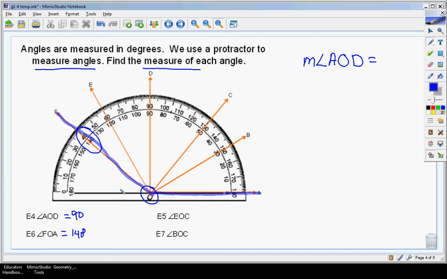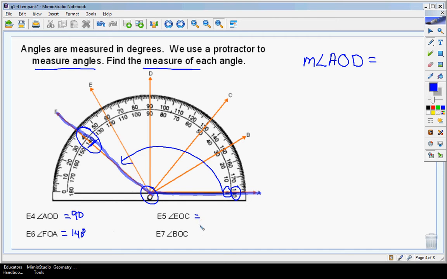Is this angle acute or obtuse? Obtuse. It's obviously obtuse. There's no way it can be 40 then, is there? When I'm measuring it, I have to start where there was a line on the bottom. Do I want to start at 0 or should I start at 180? When I'm measuring, I always want to start at 0. So obviously I'm using the inside track, which brings me over to the 140 on the inside.